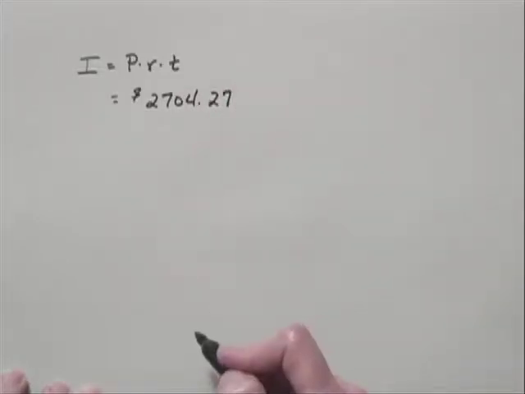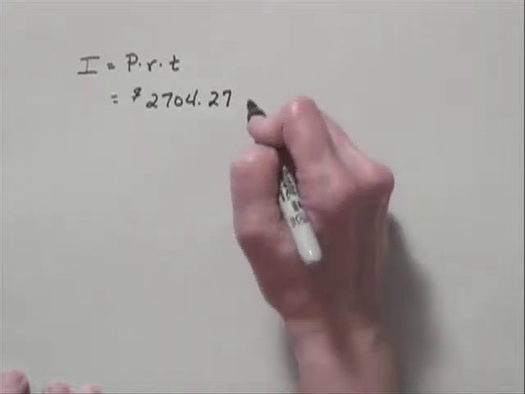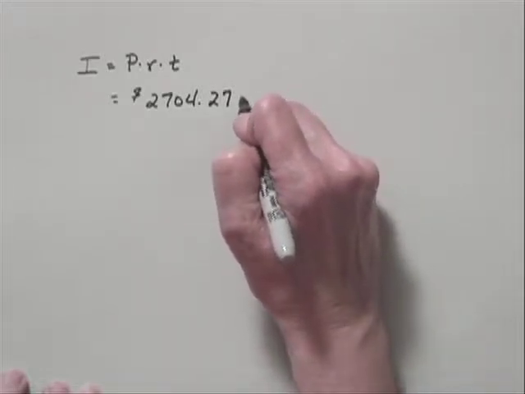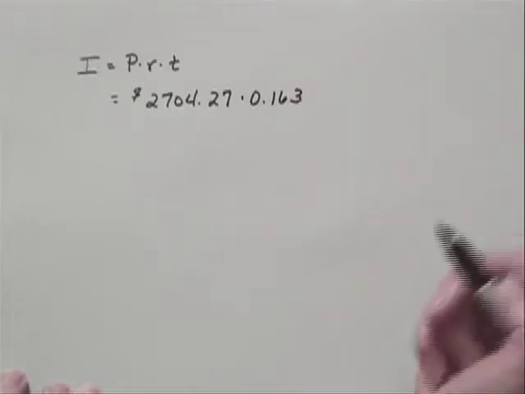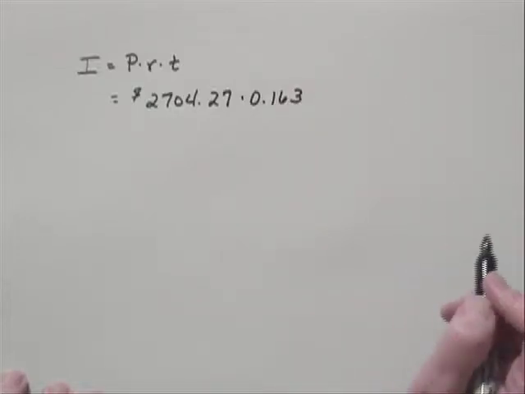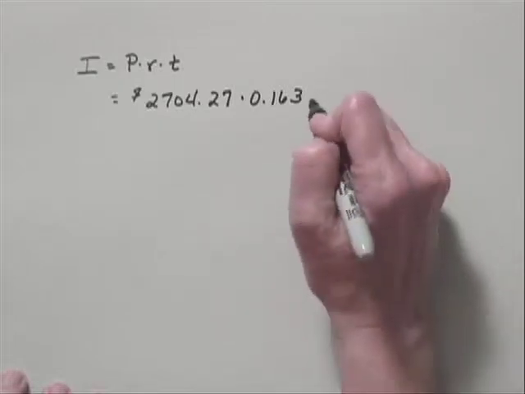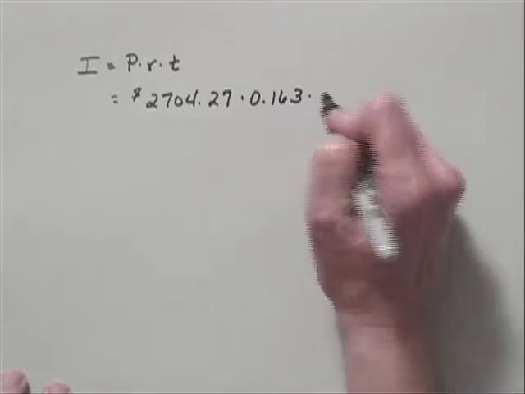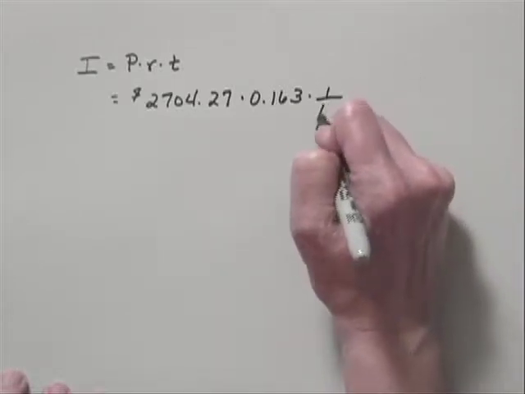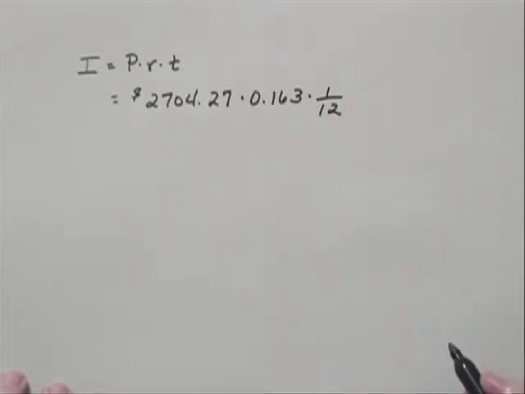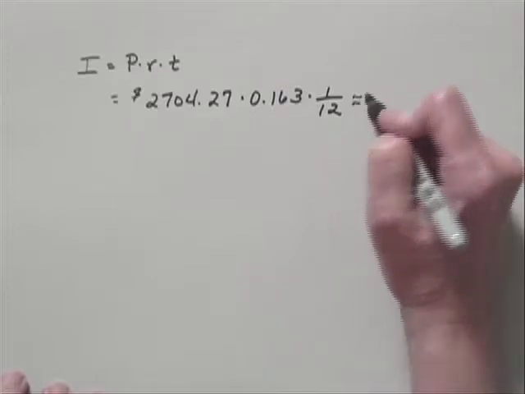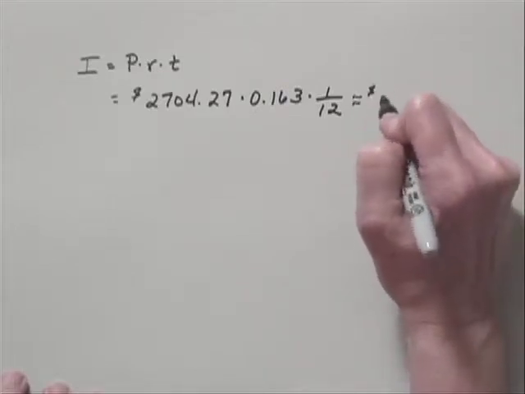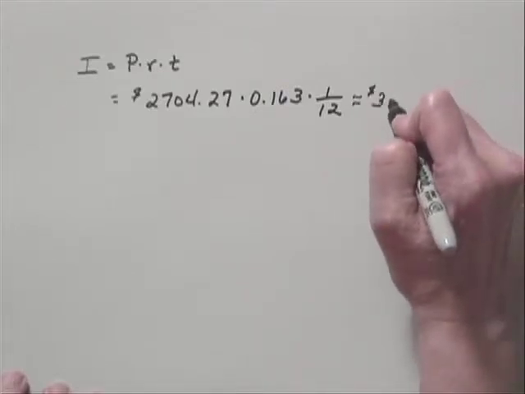The interest rate is 16.3%, and I'm going to write that in decimal notation as 0.163. And the time is 1 month, which is 1/12 of a year. We give the time in years in this formula, so 1 month is 1/12 of a year. And when we do this multiplication and round to the nearest cent, we get $36.73.